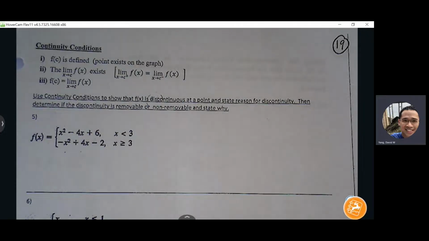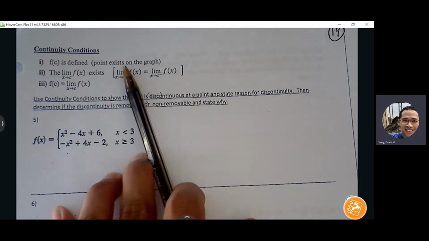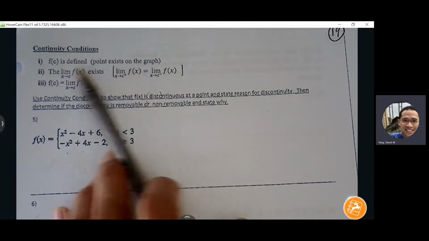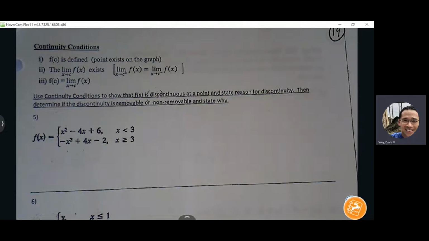Let me review and highlight the continuity conditions again, and we're going to step through them for our problem here. So first thing is, we've got to decide, does a point exist? We've got to first identify the c-value. Sometimes the c-value is not stated explicitly, but there's something in the problem to help us find that starting point, the point that we're concerned about.